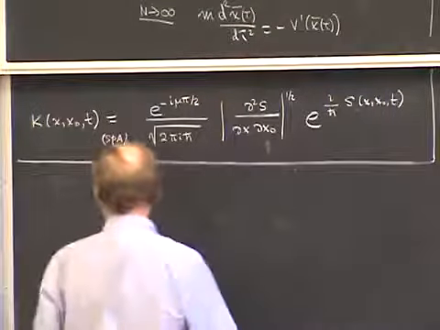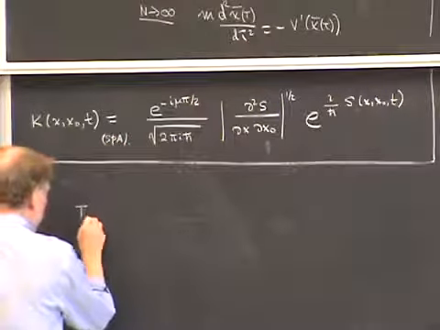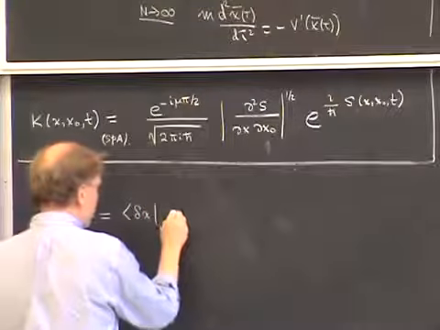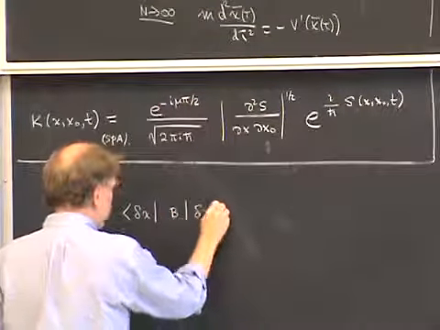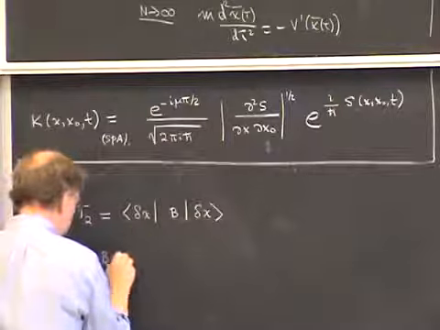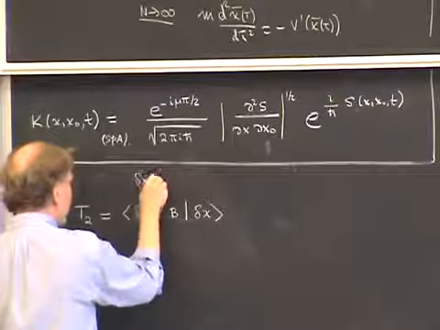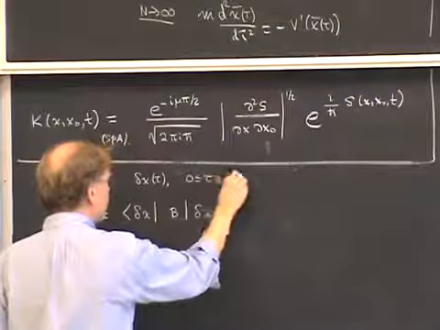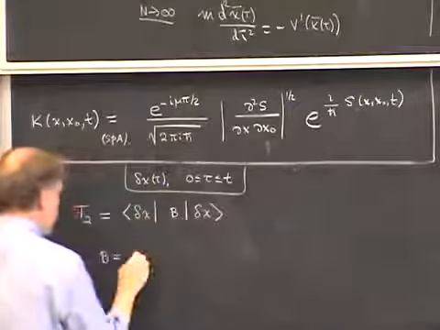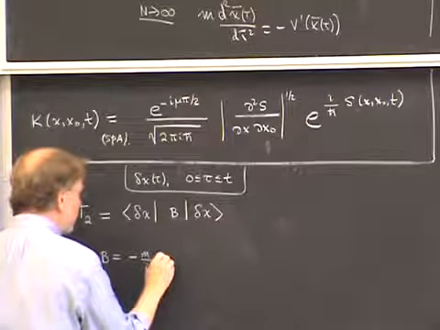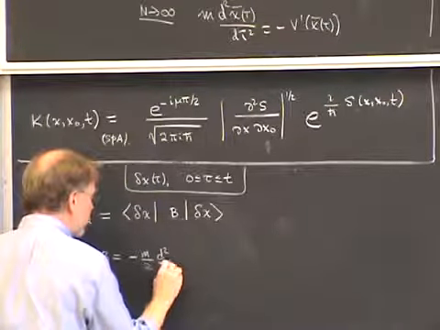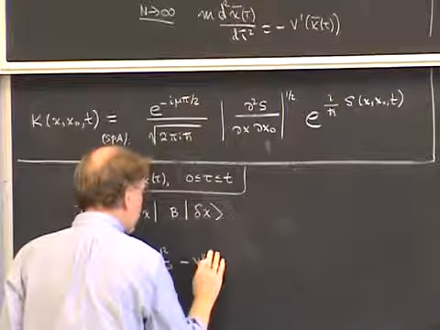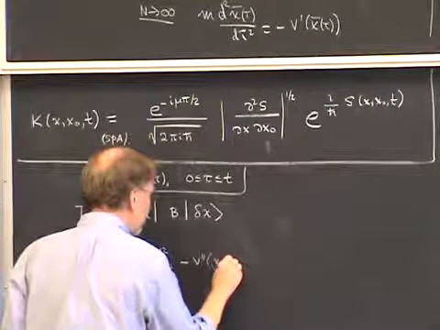I called it B. Perhaps you remember that the second variation of the action, I called it T2, could be written this way as delta x sandwiched around an operator B, delta x, where, if we think of delta x as being a function of tau, where tau is an interval from 0 up to t, then B is equal to minus m over 2 d squared d tau squared minus the potential double prime, evaluated at x of tau.